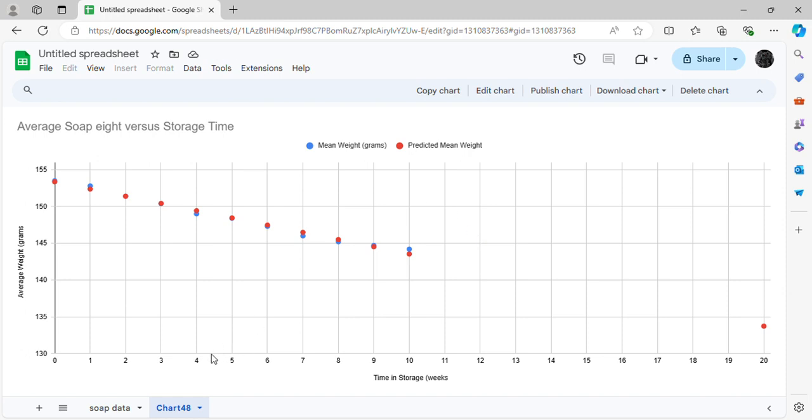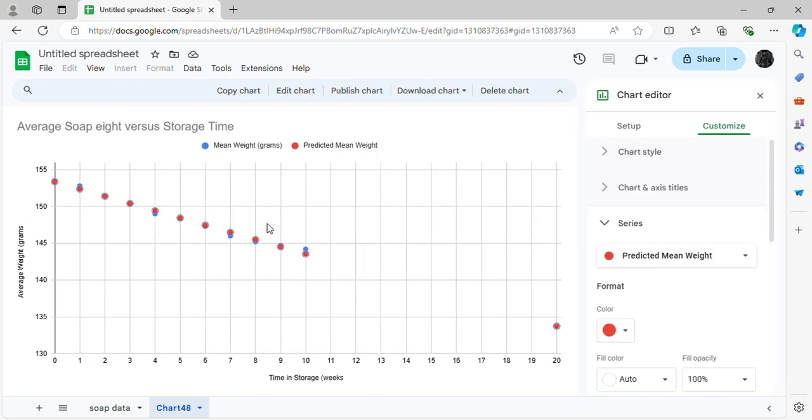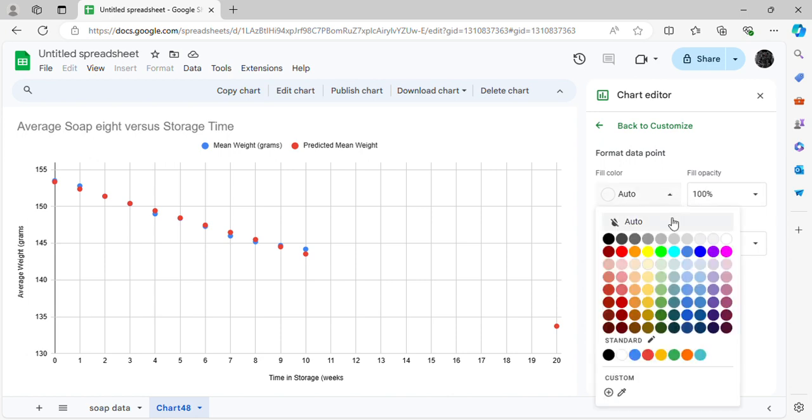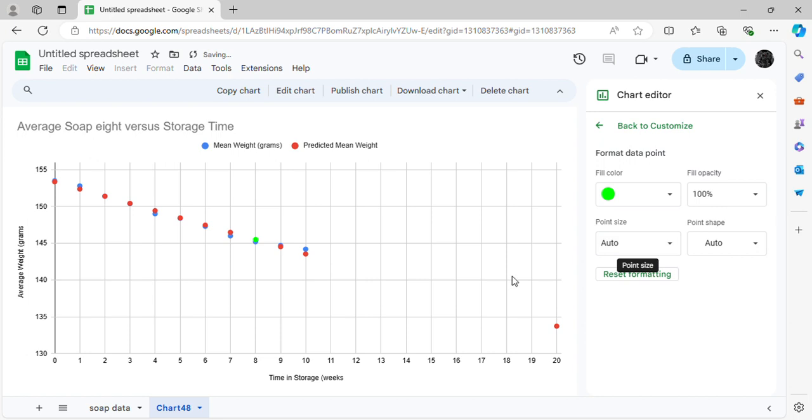So for 6 weeks, we predicted this 6 weeks value. So let's color that differently, say green. And for 20, that's wrong. Put it back to red.